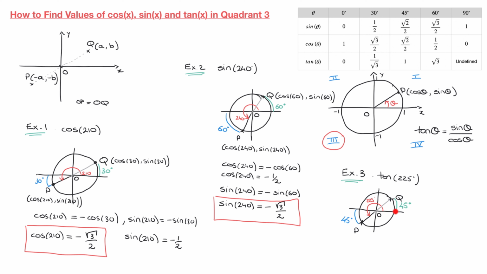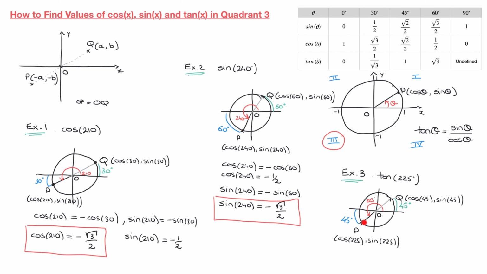Consequently, since this is 45 degrees and since point Q lies on the circumference of the unit circle, point Q must have coordinates cosine of 45 and sine of 45. And so point P, which remember is at an angle 225 degrees, well, its coordinates will be cosine of 225 and sine of 225.